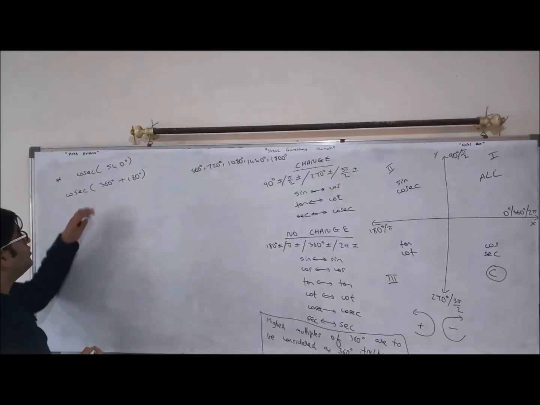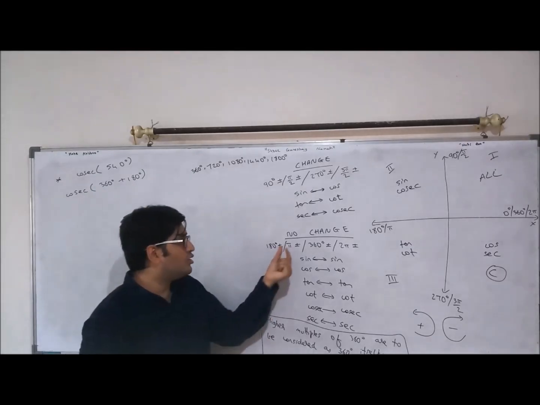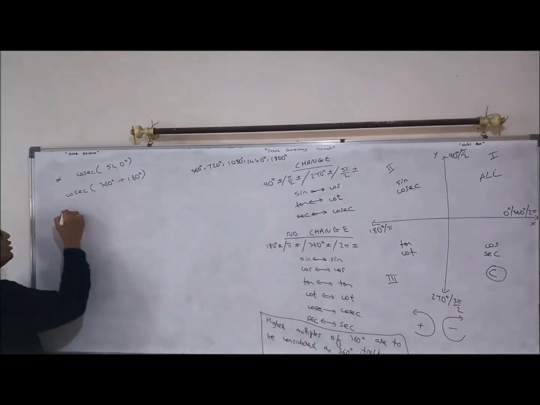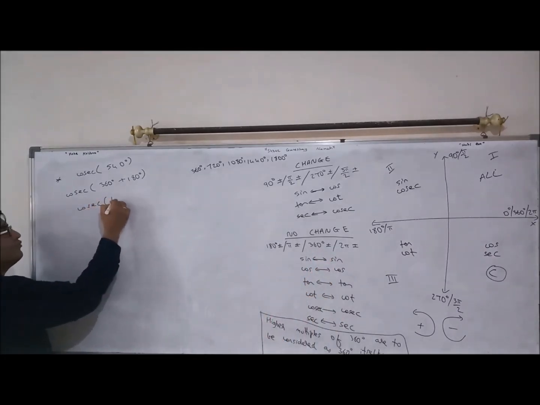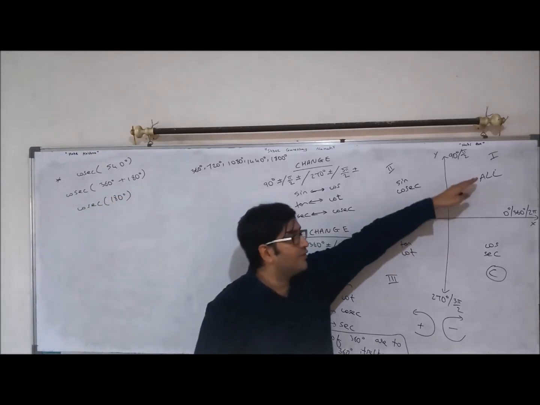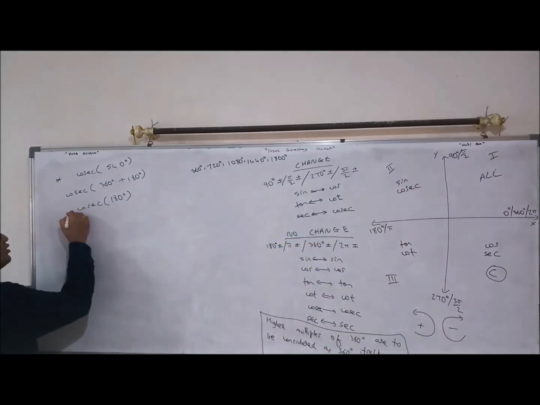So now it is in the form cosec 360 plus theta. Change or no change? No change, so the cosec function remains cosec. So you get cosec of 180 degrees, and 360 plus means you are entering the first quadrant. So assume you are going into the first quadrant, and you get your answer as plus cosec 180.